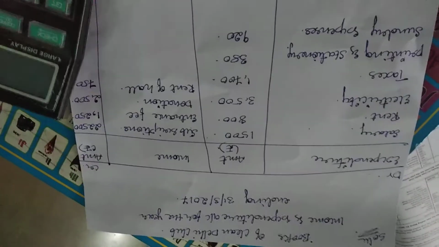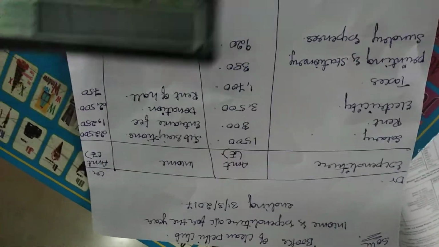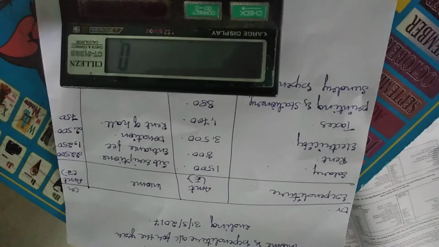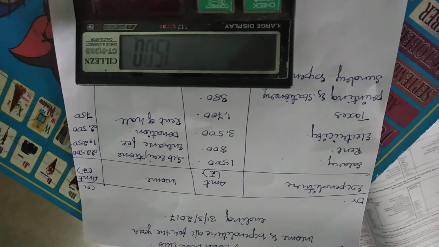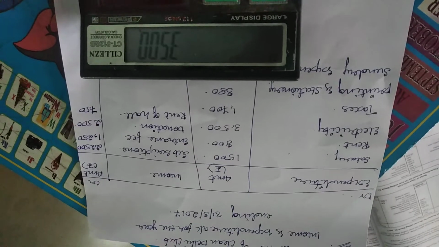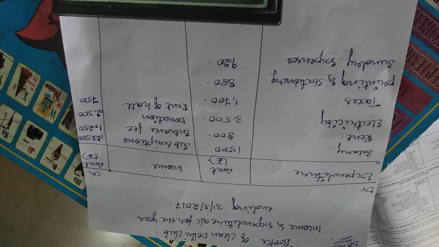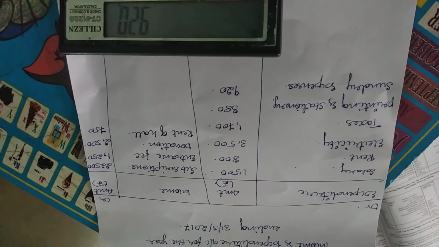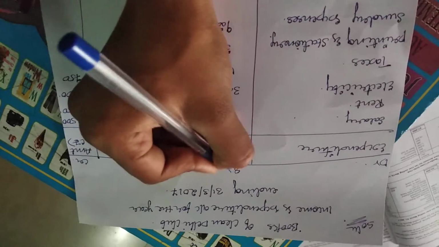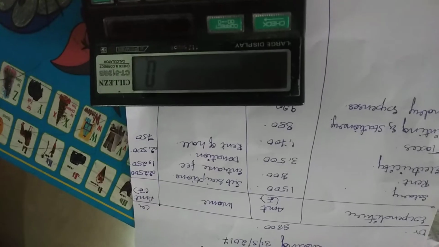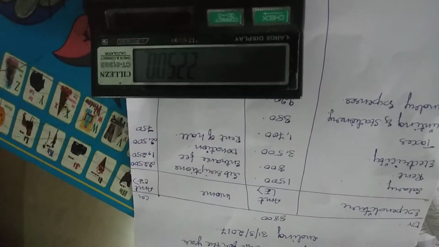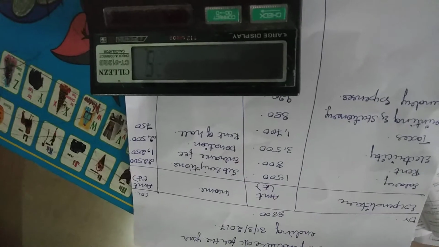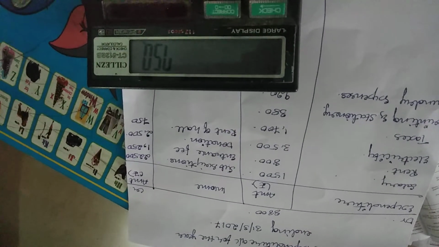So now let us calculate the debit side total. It is 1,500 plus 800 plus 3,500 plus 1,700 plus 380 plus 920. It comes to 8,800. Then we will total the credit side: 22,500, 1,250, 2,500, 750.